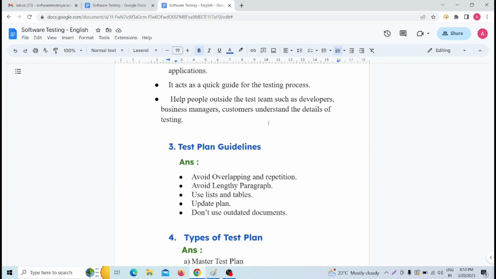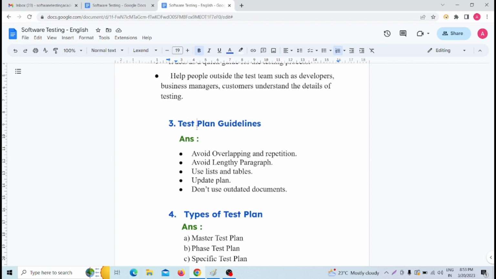Now coming to the next one, test plan guidelines. So what guidelines are there for the test plan? A few guidelines I have written. First one is avoid overlapping and repetition. Whenever we are writing any kind of test plan, obviously we have to maintain these things. Okay, avoid overlapping or repetition, then avoid lengthy paragraphs.